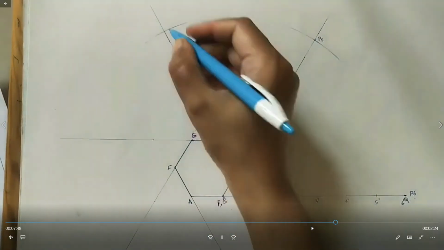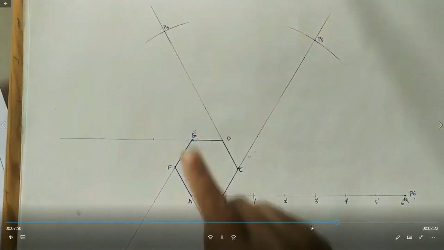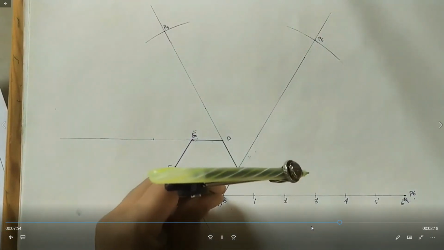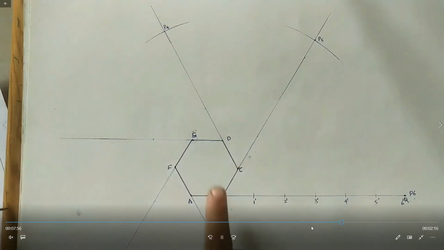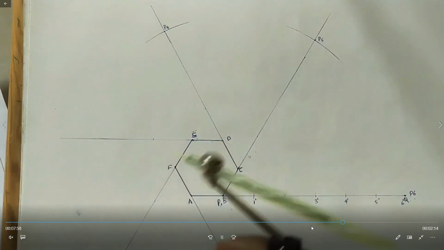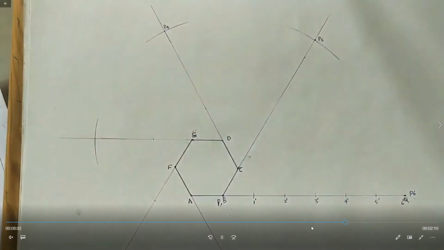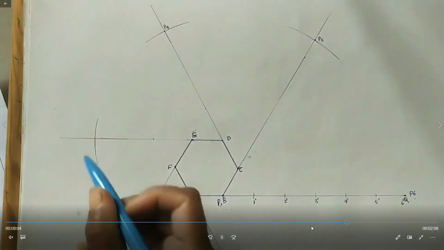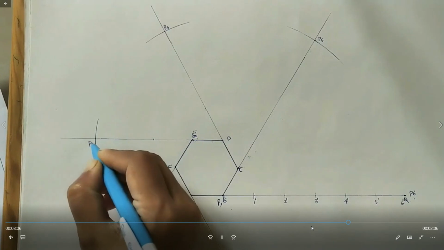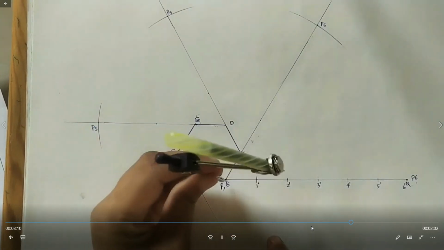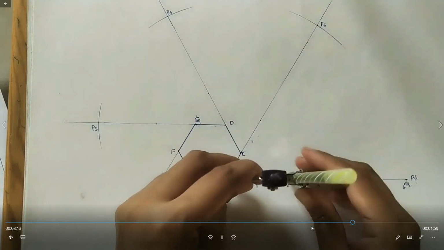That is the P4. And next, P3 dash. That is the point P3. In a similar way, we locate the points P3, P2, P1.